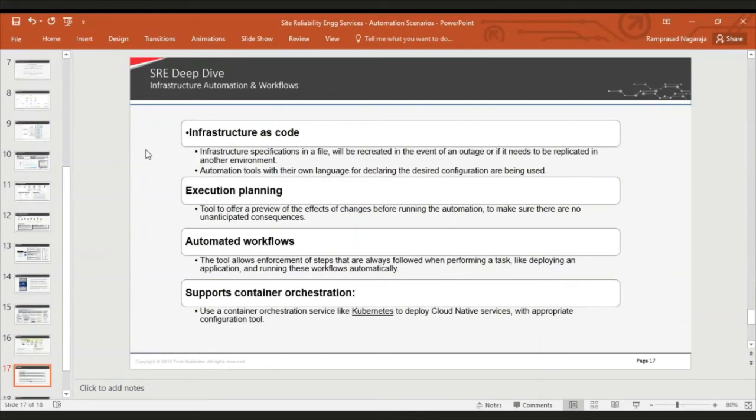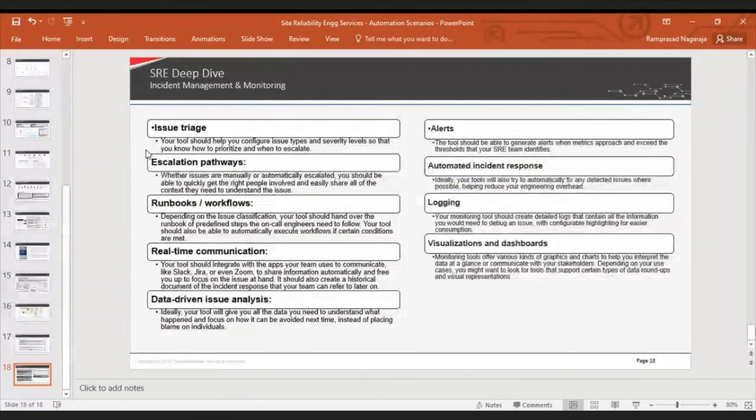This is a slightly deeper drill down on incident management and monitoring. So how do you look at the tool that you're managing for your incident management? We talked about this already, in terms of enabling categorization of your issues and then creating your escalation mechanisms.